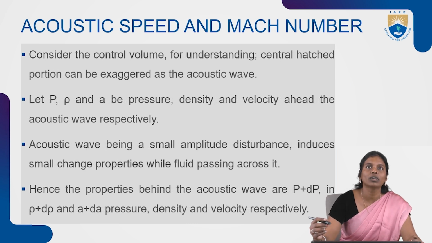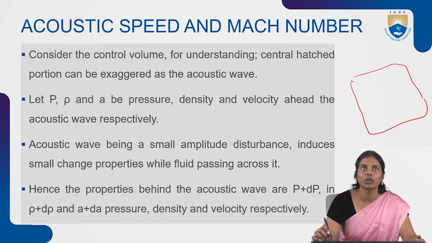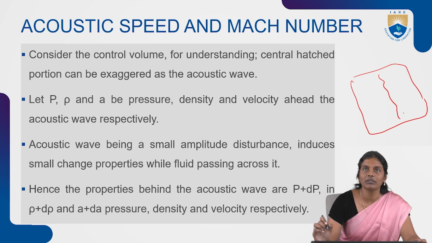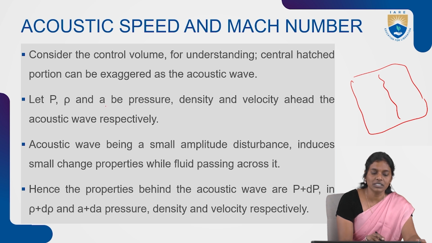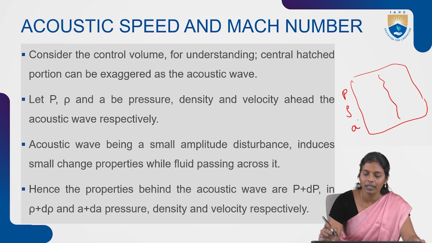Now we will consider a control volume. For understanding, the central hatched portion can be exaggerated as the acoustic wave. Let P, rho and a be the pressure, density and velocity ahead of the wave.